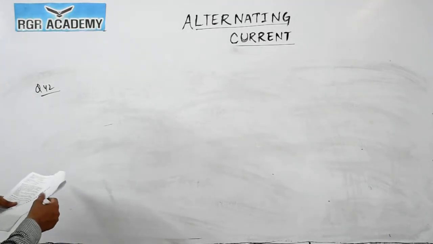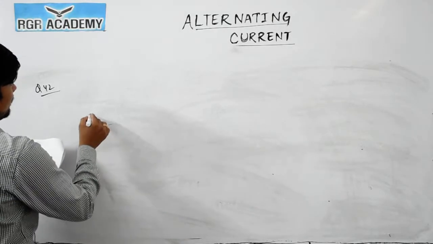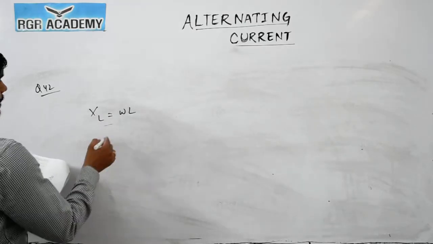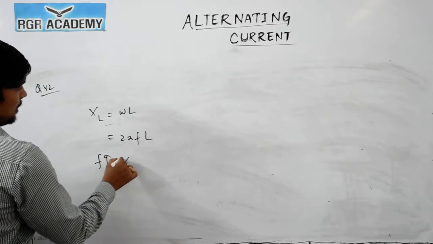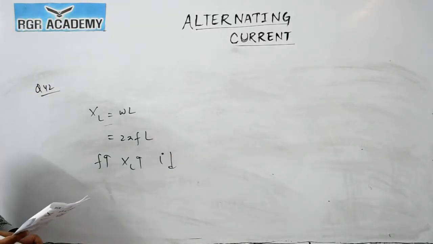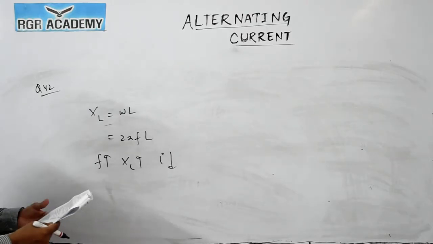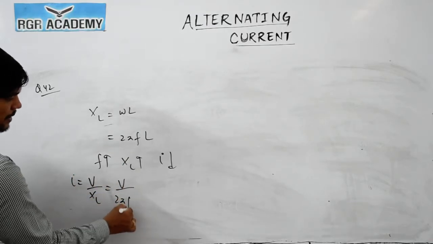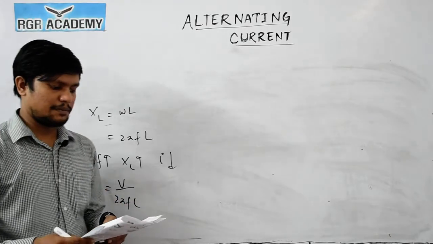If you calculate, XL is given by omega L, that is equal to 2 pi f into L. So if you increase the frequency, XL will increase, then current will decrease. So the first statement is correct. And the current is inversely proportional to the frequency of alternating current, that is also correct, because current we can write as V by XL, so V by 2 pi f into L. So current is inversely proportional to frequency. So both the statements are correct, and it is the correct explanation also.